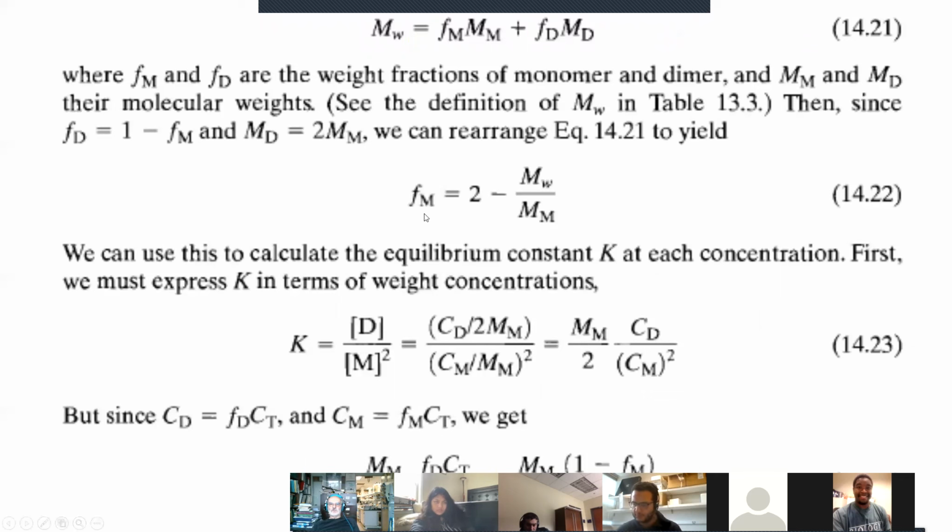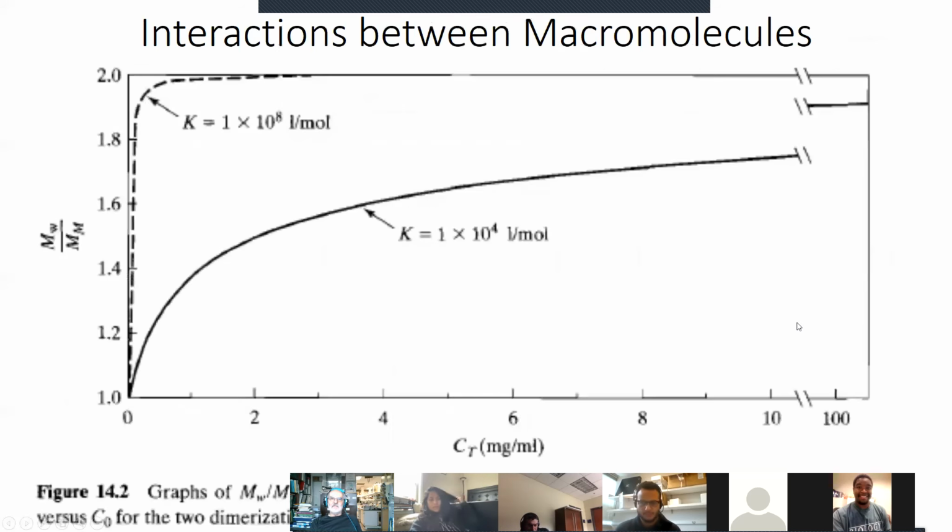He then gets into another way of talking about this, and he expresses it as an average molecular weight: fraction monomer and fraction dimer, times the molecular weight of the monomer and dimer. He goes through a derivation that I won't go into in detail, expressing the equilibrium constant in terms of fraction monomer and fraction dimer, and then expresses this in terms of the average molecular weight.